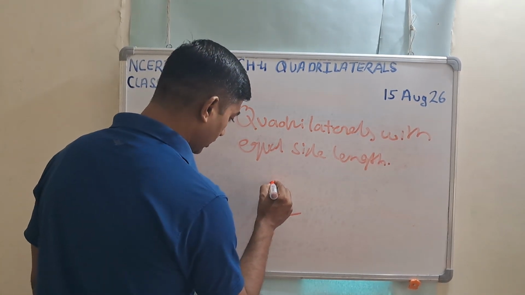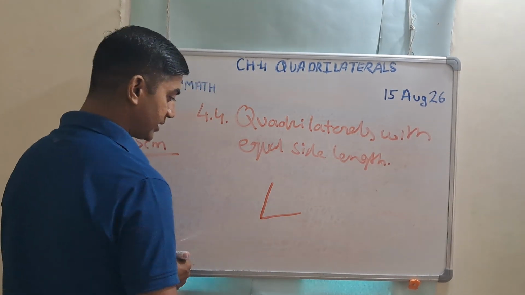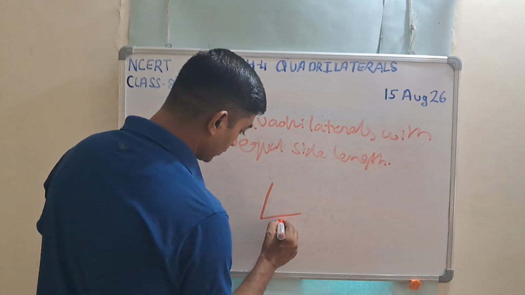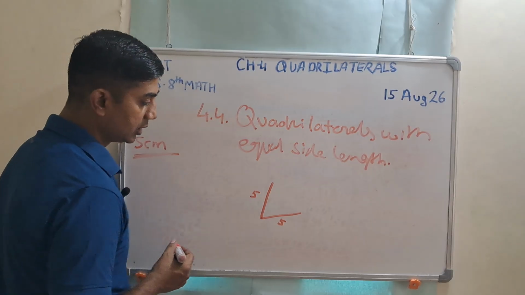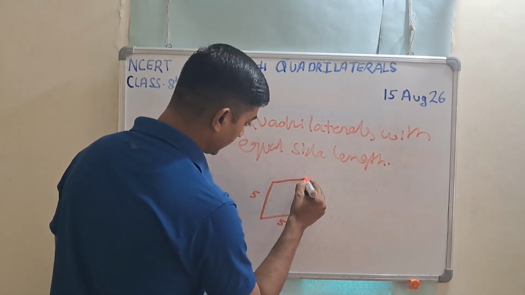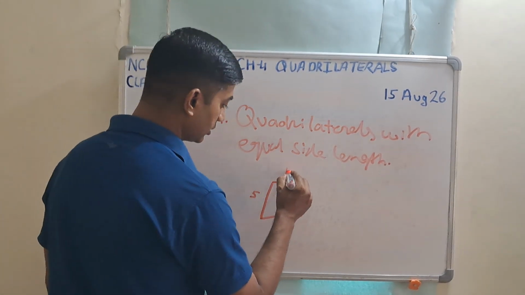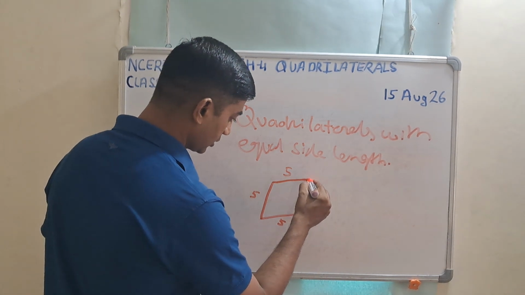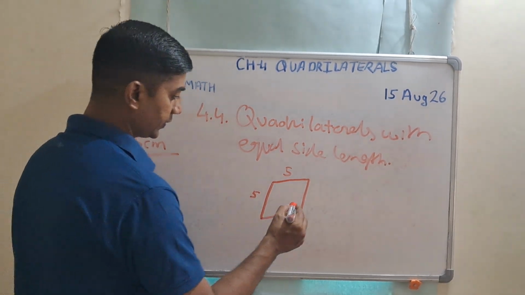Just draw an angle which is not equal to 90 degrees, so it is less than 90 degrees, and the length is the same, means this is also 5 and this is also 5. Understood? Then draw a parallel line of length 5 and join it this way. This is also 5.